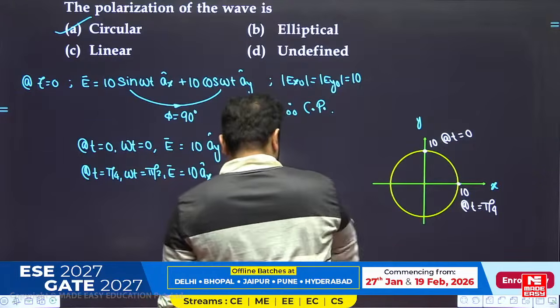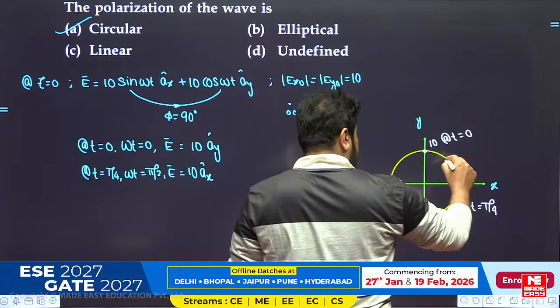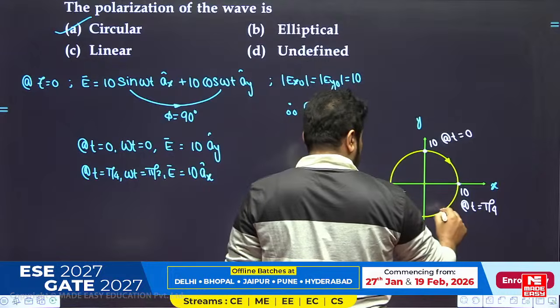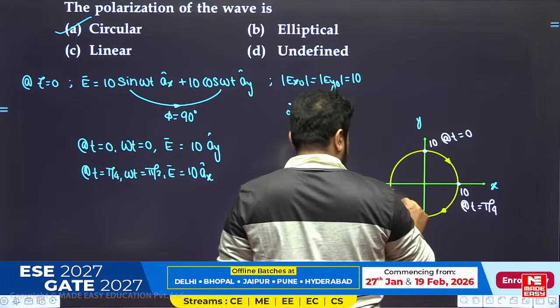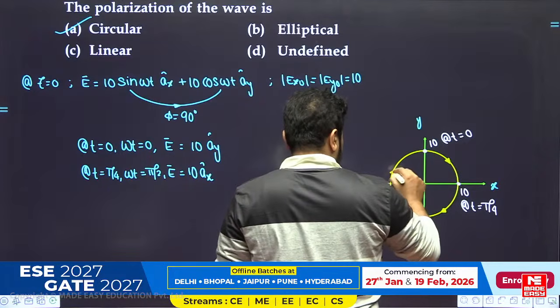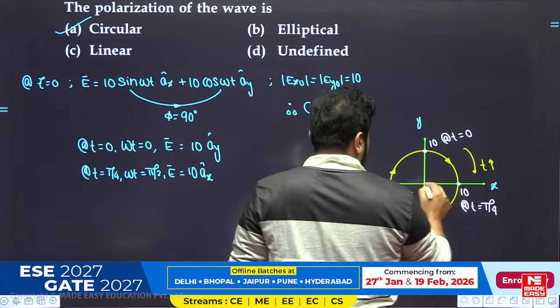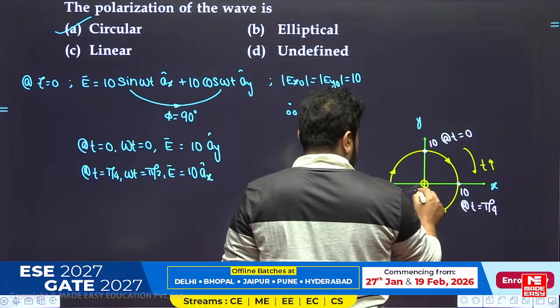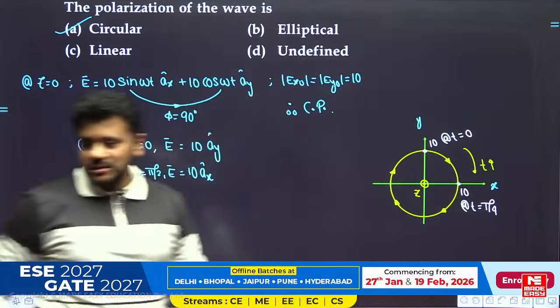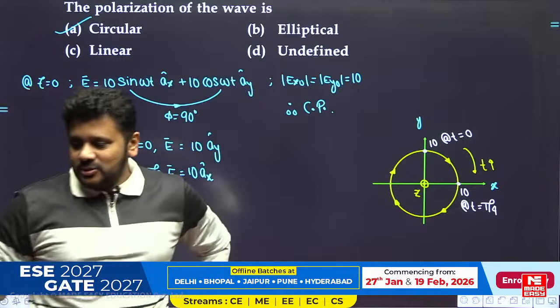So as time increases, the circularly polarized wave rotates in this direction, and this is the z axis.